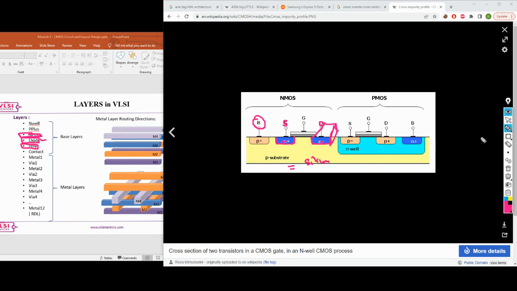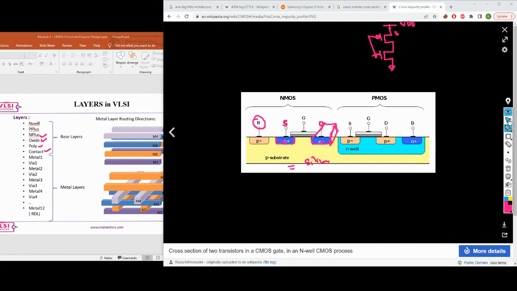Okay. Now, so for NMOS, what are the layers that we have covered here? So we have covered N plus, oxide, poly, and contact is something that we would be using to connect. If you look at a transistor, we say the source is connecting to this VDD.